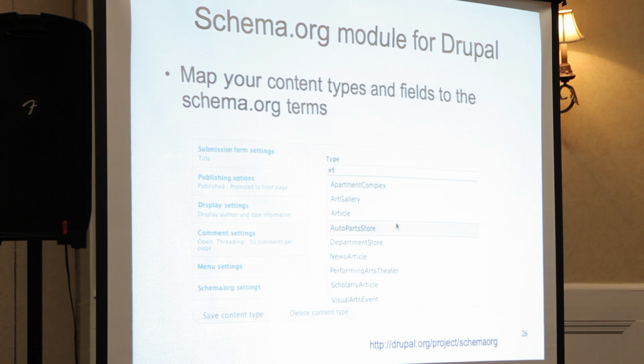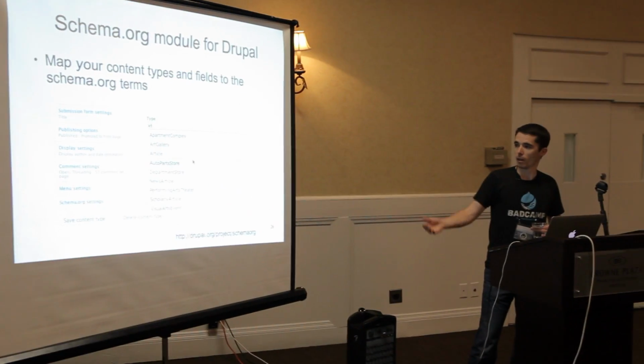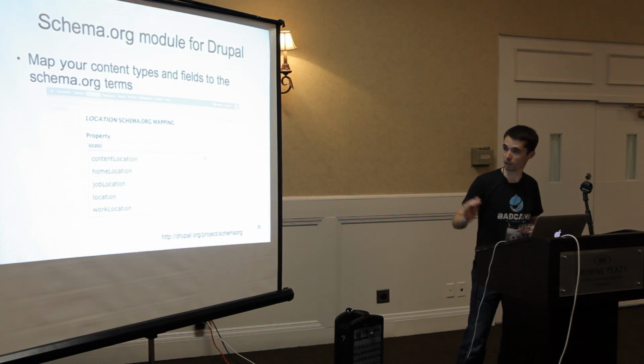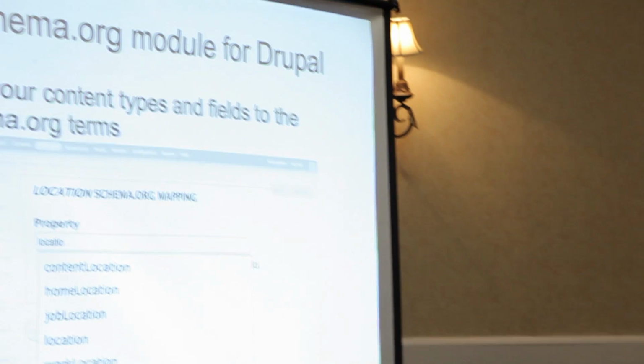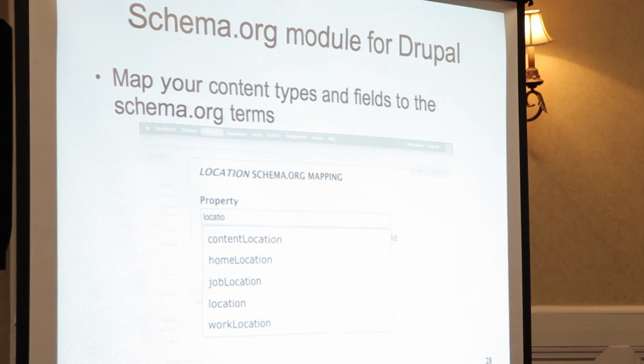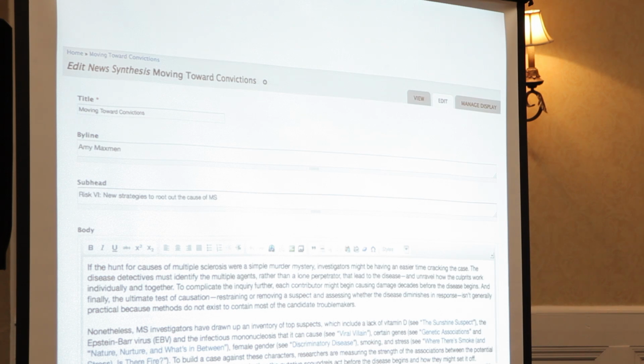It's a wide range of different types. So you set the type for your content type, and then for fields, you can also do that. Same idea. You just select your property from Schema.org, and so when you publish your data, all the fields will get the right markup to tell search engines that this is equivalent to the Schema.org property.